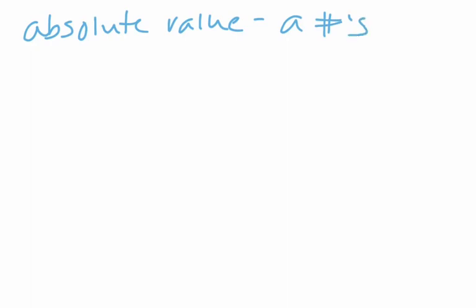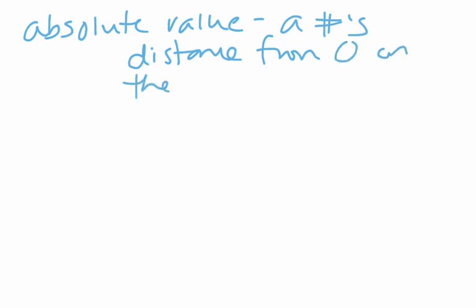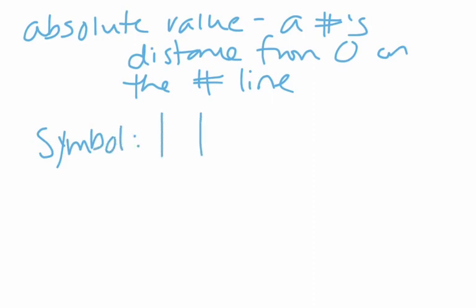Okay. Last little concept for this lesson is absolute value. So this lesson has quite a lot of stuff in it. Absolute value is defined as a number's distance from 0 on the number line. That is the definition of absolute value, and the symbol for absolute value is two vertical lines with something in between them.